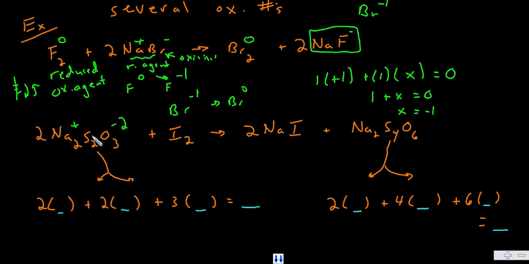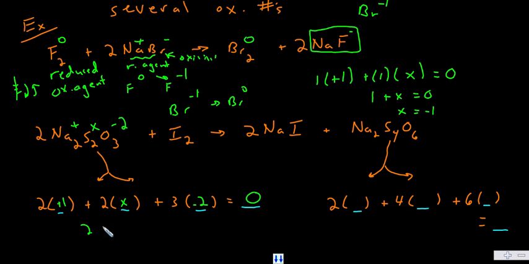So what's that oxidation number of the sulfur here? Well, we know that the ionic charges of all these guys combine to give the ionic charge of the overall compound, which is 0. So 2 times plus 1 plus 2 times x plus 3 times minus 2 is all equal to 0.